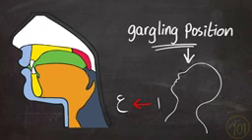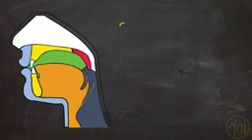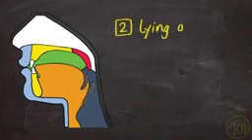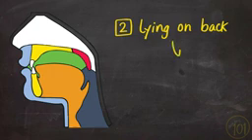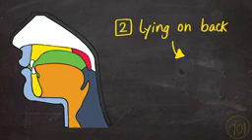The other trick to try to practice both ayn and ha is by lying on your back and practicing both of these sounds. This position helps a lot with controlling your epiglottis more easily than when you're standing upright.